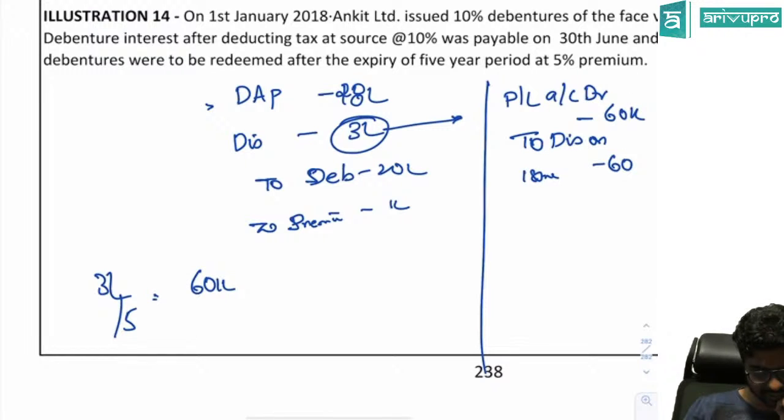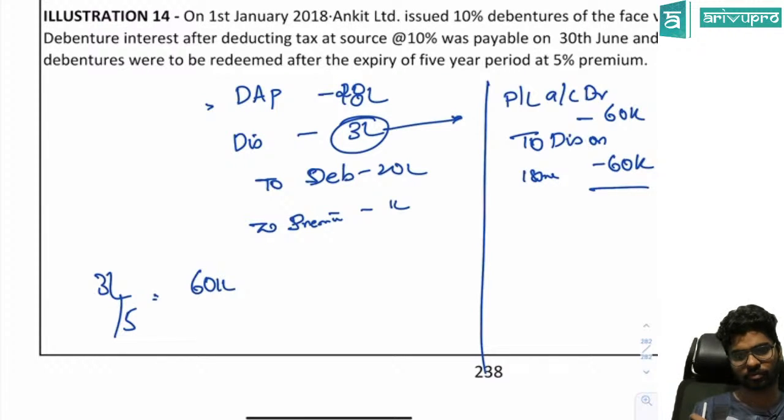This is the entry you have to pass every year for 5 years, at every year end. Are you guys clear?